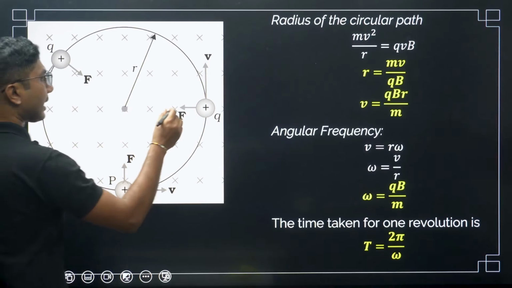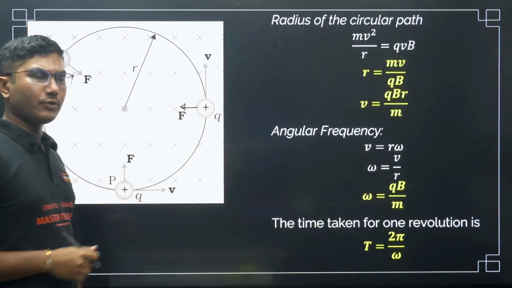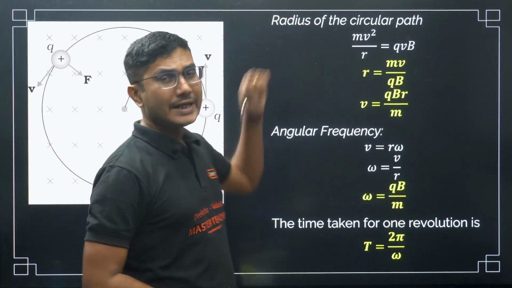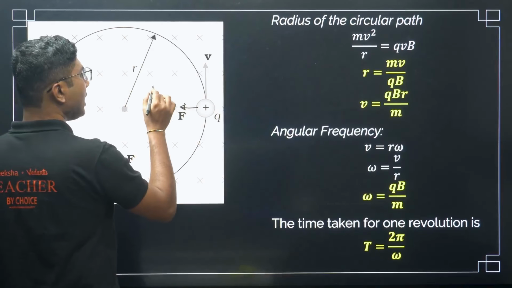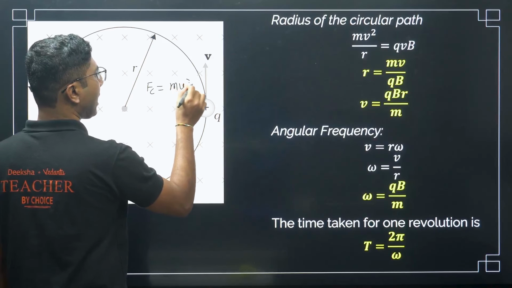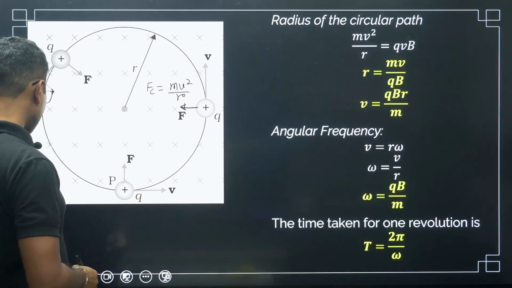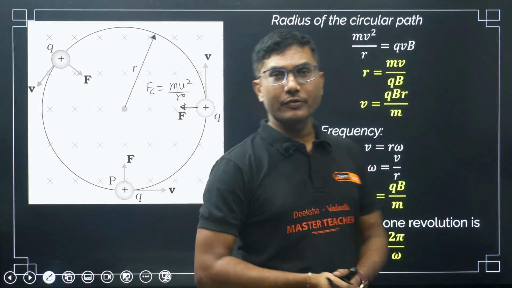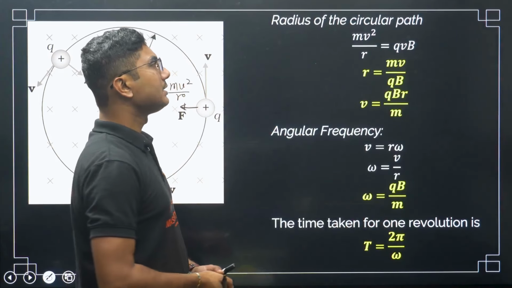Now, what is the formula for centripetal force? Centripetal force is given by mv square by r. It is always the same formula, and it has to be provided by something. In this case, who is providing the centripetal force? The magnetic force is providing the required centripetal force.